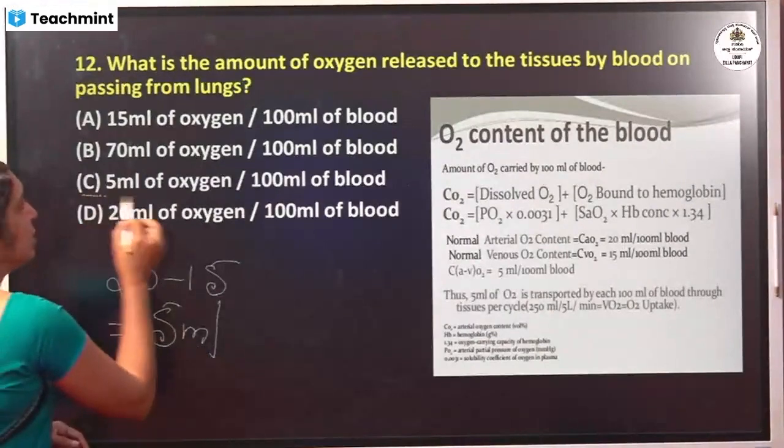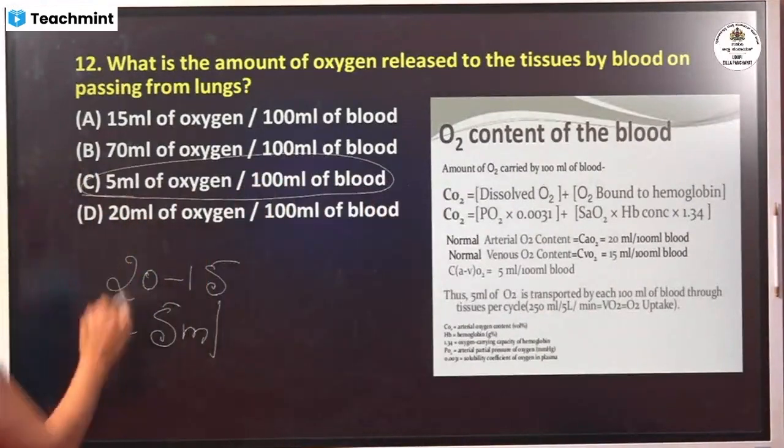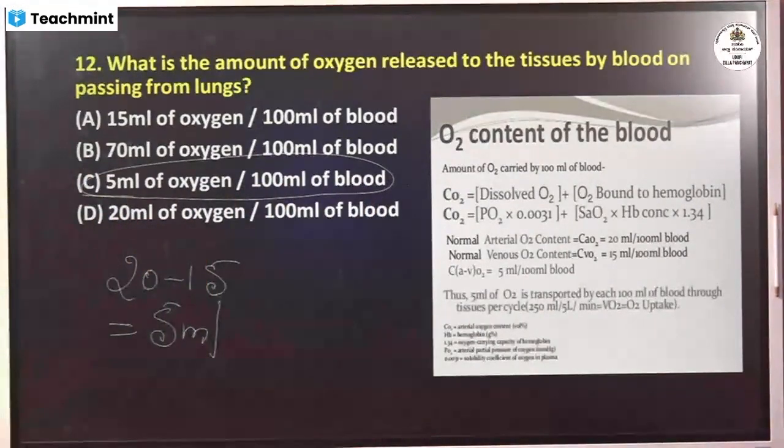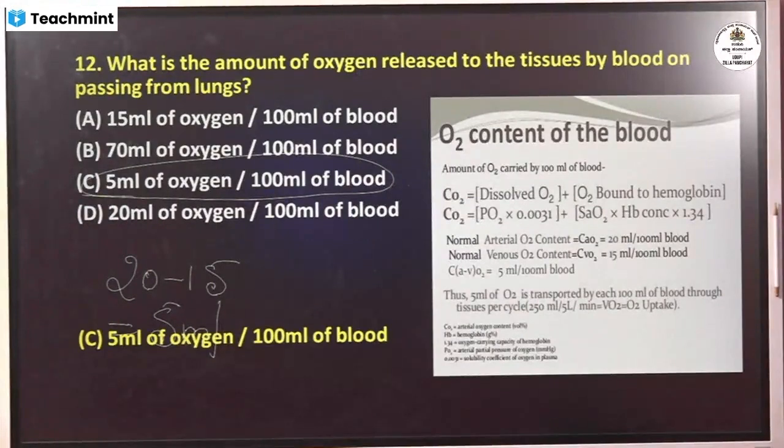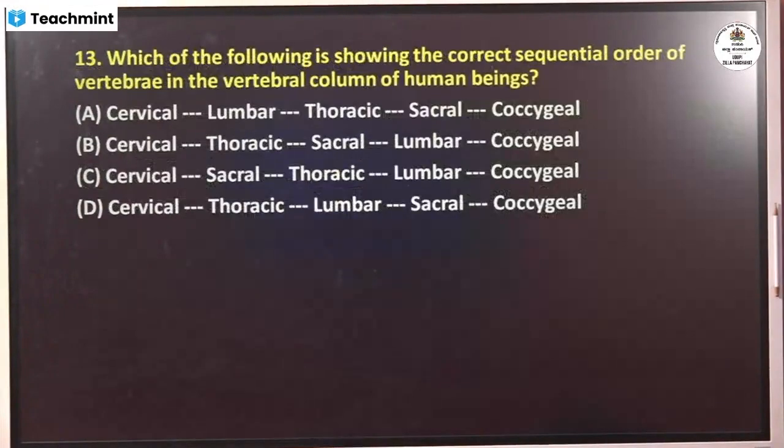So each tissue is getting approximately 5 ml of oxygen per 100 ml of blood. So the right answer is C, 5 ml of oxygen per 100 ml of blood.